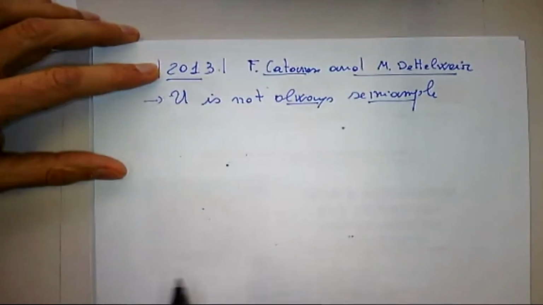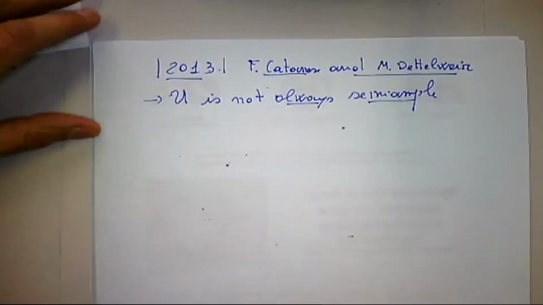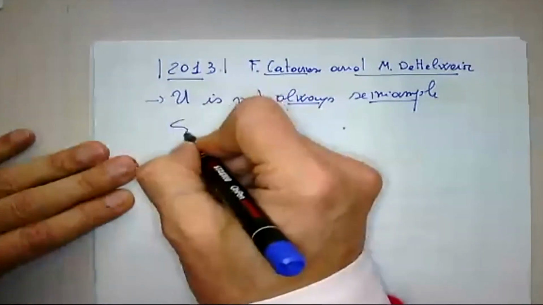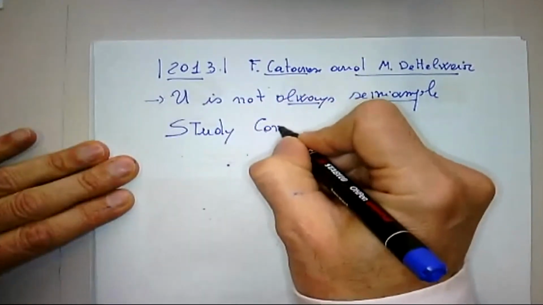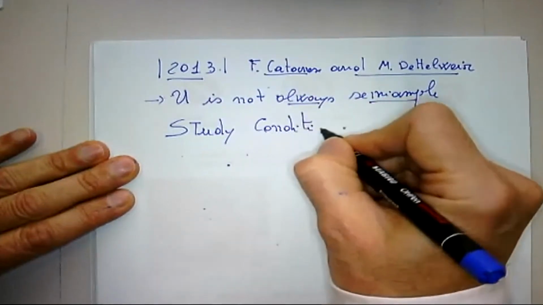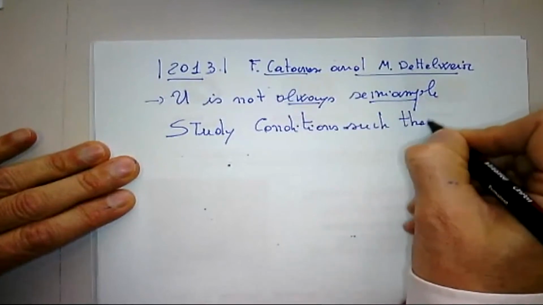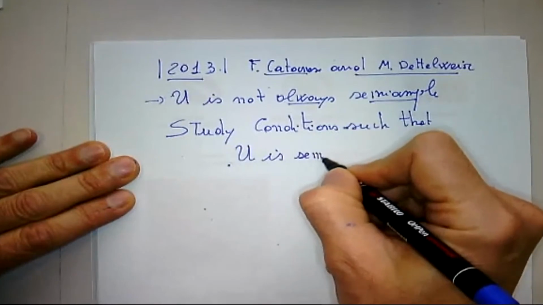But this makes it very important now to understand when it is semiample. So my aim in this long presentation is to study conditions such that U is semiample.